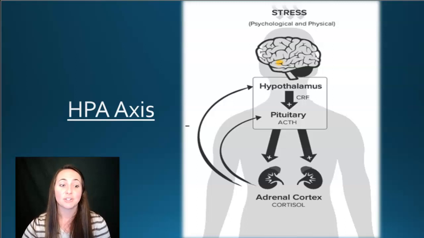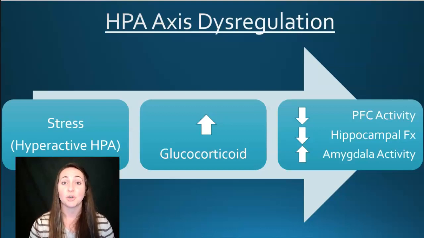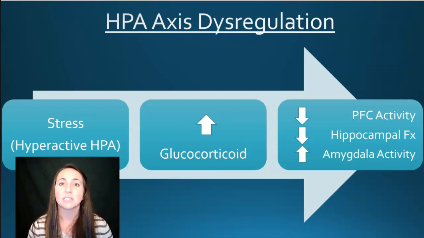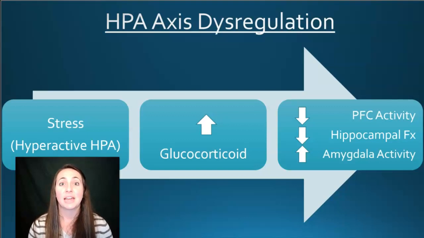So what does this have to do with depression? Well, when the HPA axis is activated, certain things happen. Cortisol is released, and we know that when we see an increase in glucocorticoids, cortisol, certain things happen in the brain. The things that we see that are related to depression is we do see a decrease in prefrontal cortex activity.